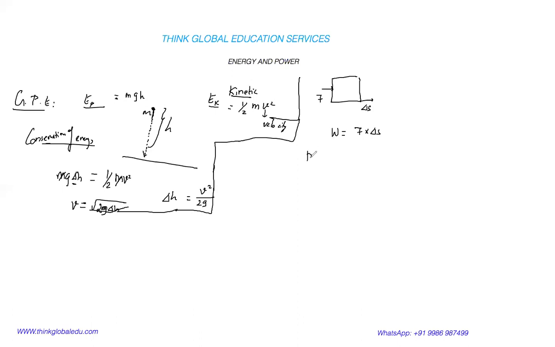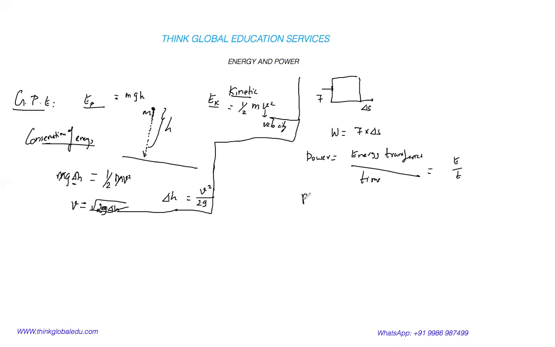And we can write power in terms of work done. Power is equal to energy transferred divided by the time taken for the transfer of energy. So power is E divided by t.